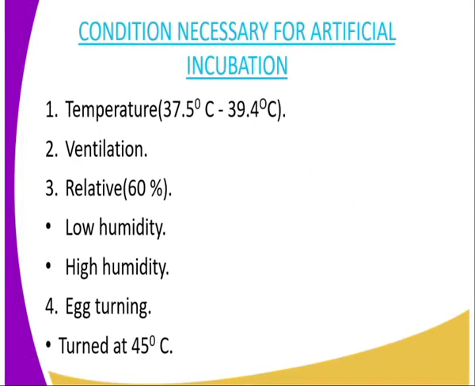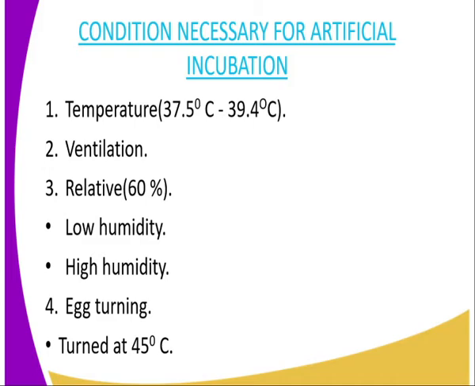Then we will go to the conditions necessary for artificial incubation. The first condition, which is very important, you are supposed to provide an optimum temperature which ranges from 37.5 degrees Celsius to 39 degrees Celsius. Then the second one, you should make sure that the incubator is well ventilated, or in other words, ventilation, you are supposed to consider it.